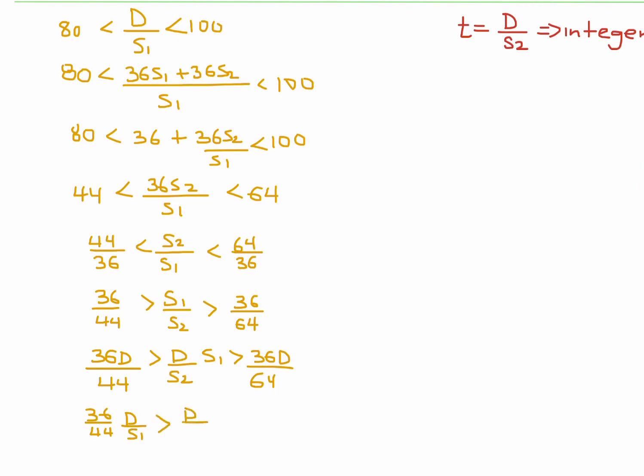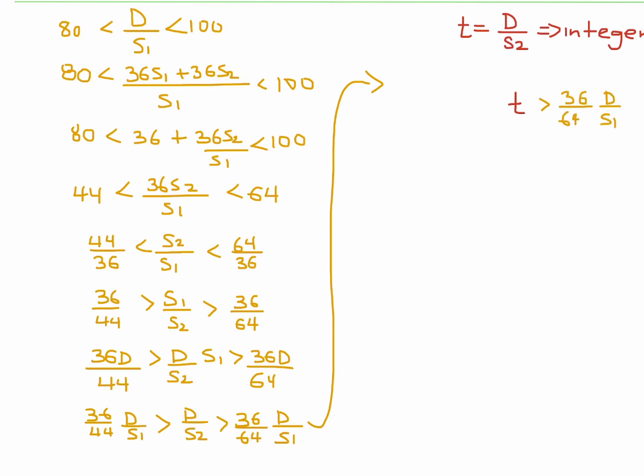This will become d over S2, and this will become 36 over 64, d over S1. Let's bring this up here, and that middle term, d over S2, is basically our t. So I'll put that in the middle, with 36 over 64, d over S1 on this side, and 36 over 44, d over S1 on that side.